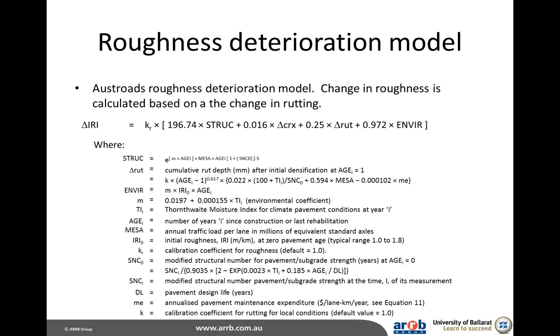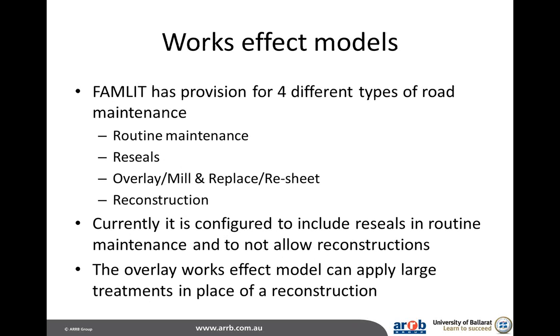I'll have references at the end of the project if you want to look into that further. The key thing is that the roughness deterioration is a function of pavement age, of strength, of the traffic on the road, of rutting, of routine maintenance, and the environment. So I'll get that off the screen before it gets any more confusing.